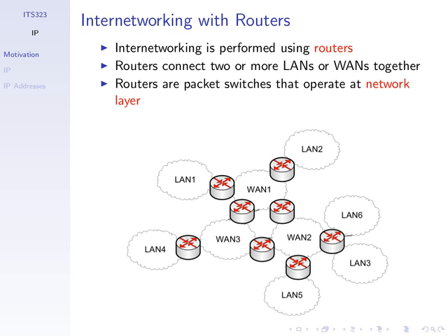Some other terminology that we're going to use. So we have the individual networks connected together via routers, and together we get one large network. So we've got one network made up of many networks. To distinguish them, we often call these individual networks subnetworks.